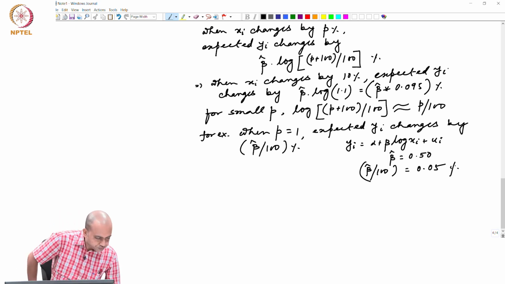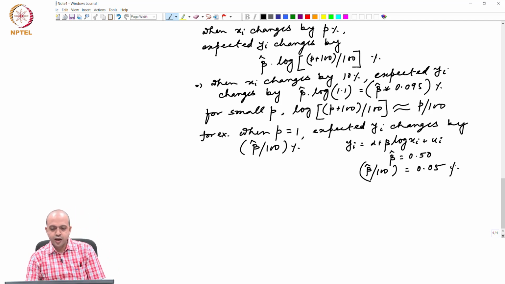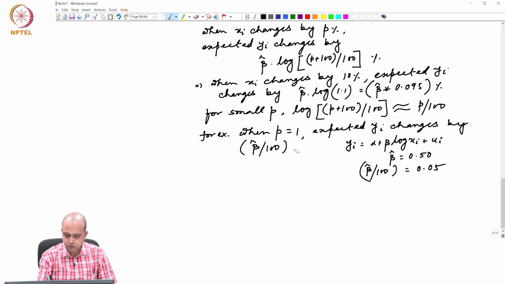So this is how we can understand the interpretation of beta hat when your independent variable is transformed into a logarithm.